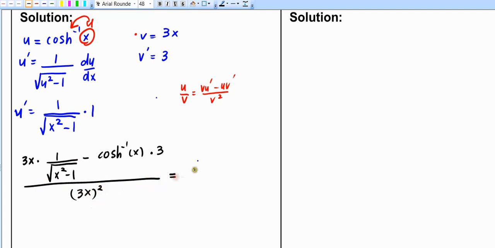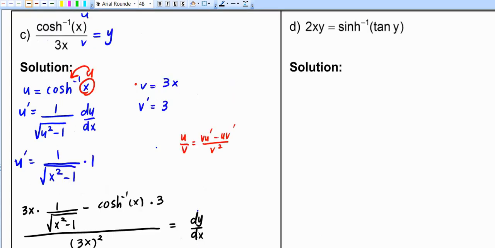This equals dy dx. The next step is to simplify as much as you can. It becomes 3x over square root of x squared minus 1, minus 3 inverse hyperbolic cos x, over 9x squared, equals dy over dx. That's it.